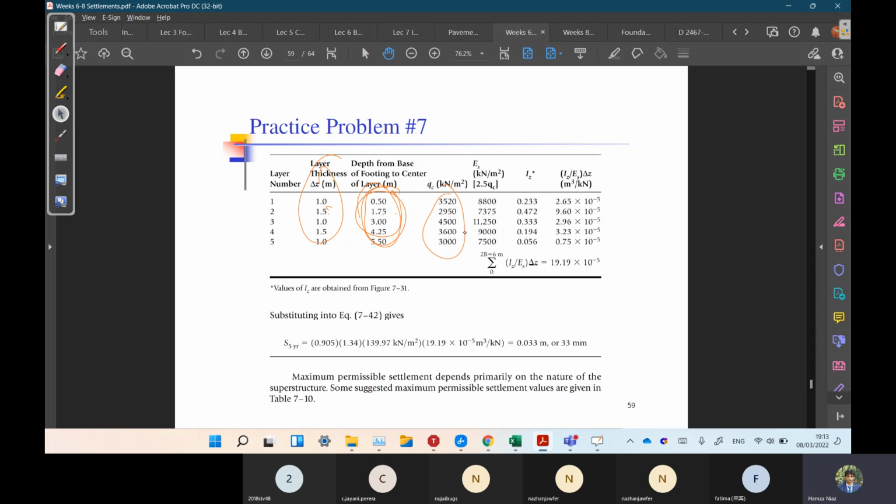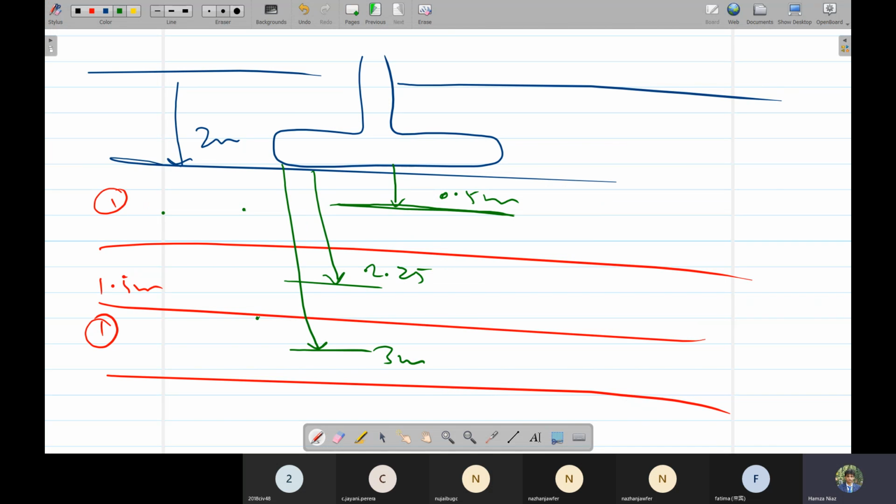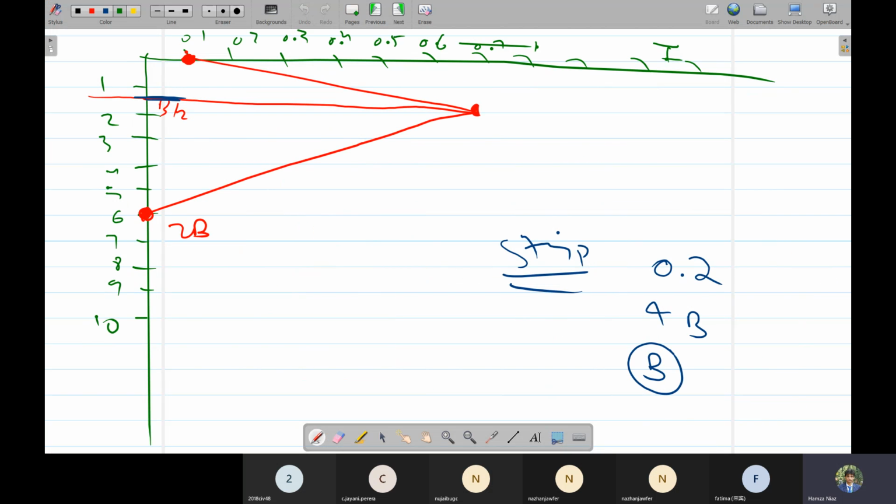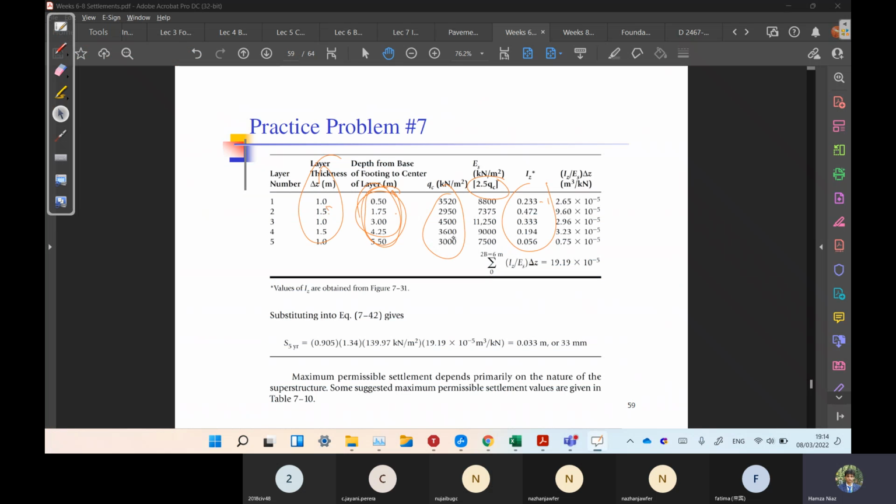QC is simply given. ES we can assume as 2.5 QC, and IZ we have to find. So the values are 0.5, 2.25, 3. We go to this chart at 0.5. Suppose this is 0.5, so move towards here and go to here. At 0.5, our IZ value is almost 0.3.